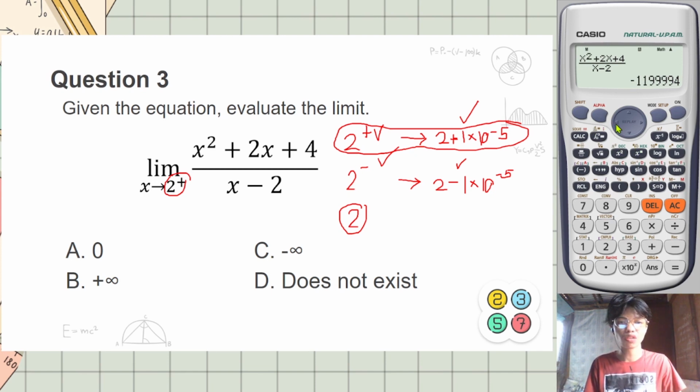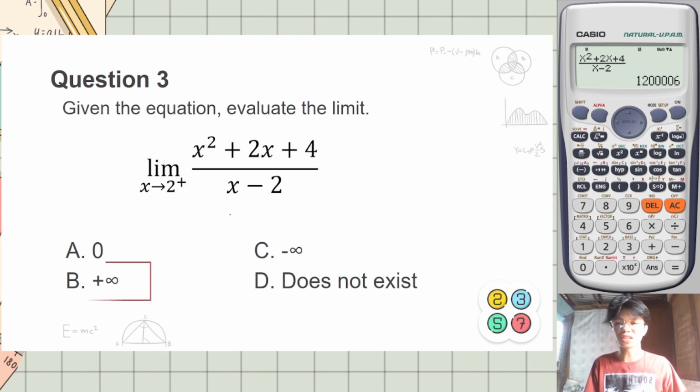So if the limit is just 2, the limit does not exist. Why? They are different: the limit is positive infinity on one side and negative infinity on the other. Since we have 2 positive, our limit is a big positive number, which is letter B, infinity.